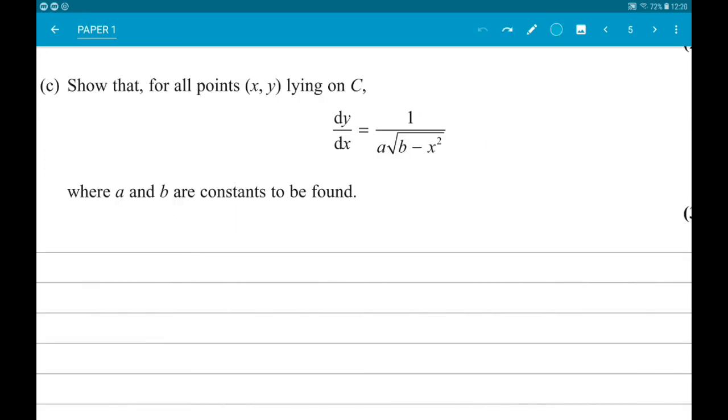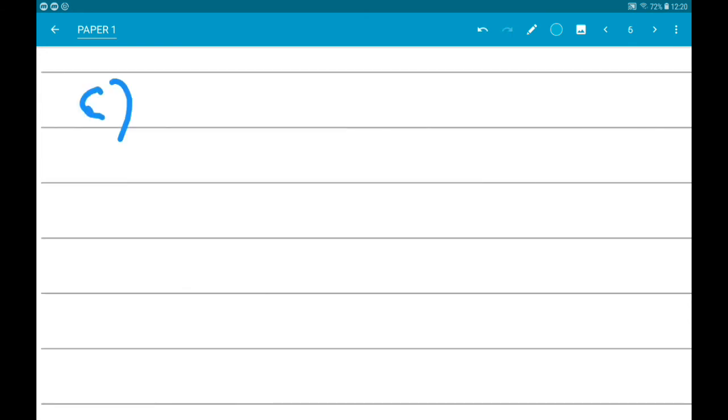In the final part, we want to show that for all points on C, dy by dx is 1 over a root b minus x squared, where a and b are constants to be found. Alright, so we know that dy by dx is 1 over 8 cos 2y.